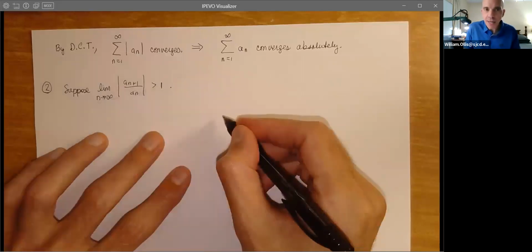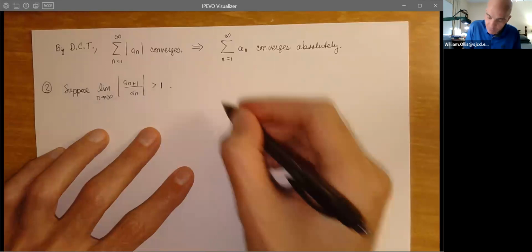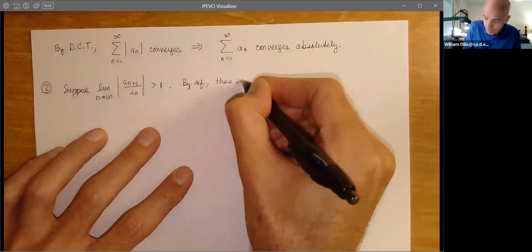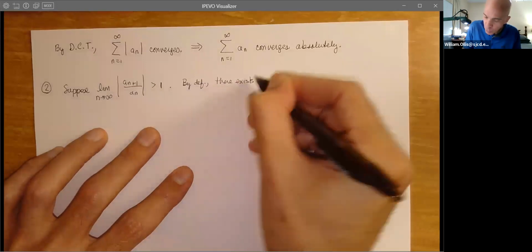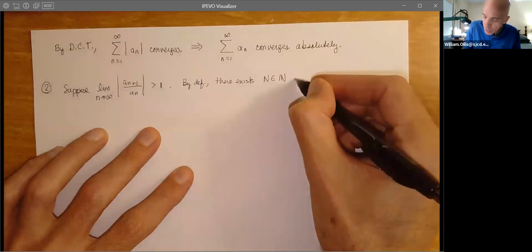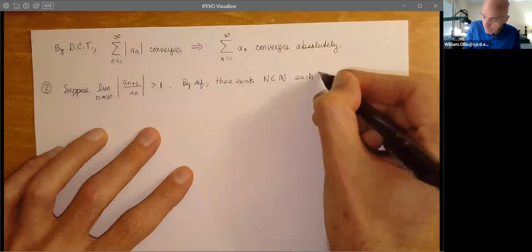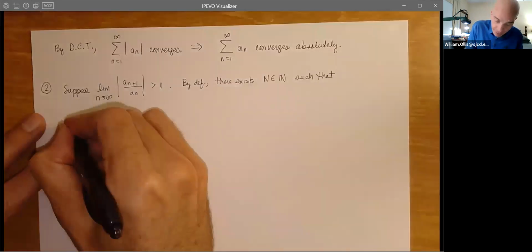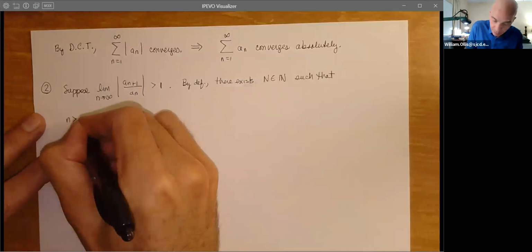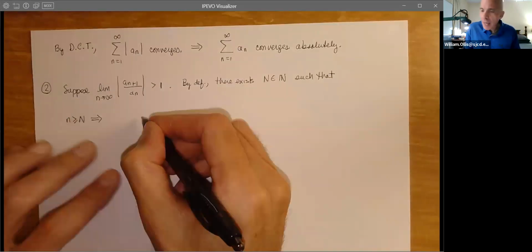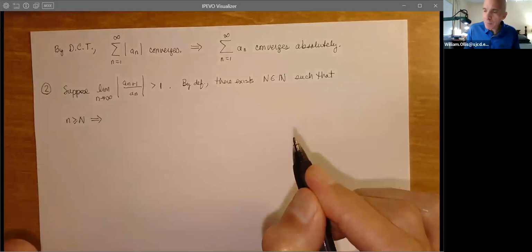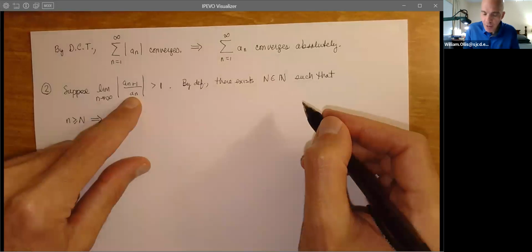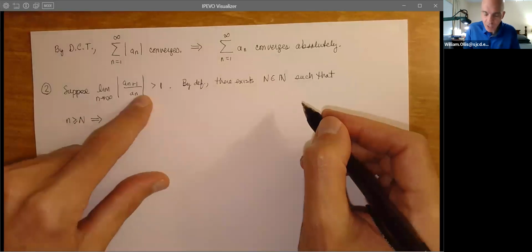Okay, so we're going to do the same thing. So by definition, there exists some natural number n such that, in this particular case, n greater than or equal to n implies, and this is actually very interesting in the sense that since this is greater than 1, there comes a time where we just do the cross multiplication, so to speak.